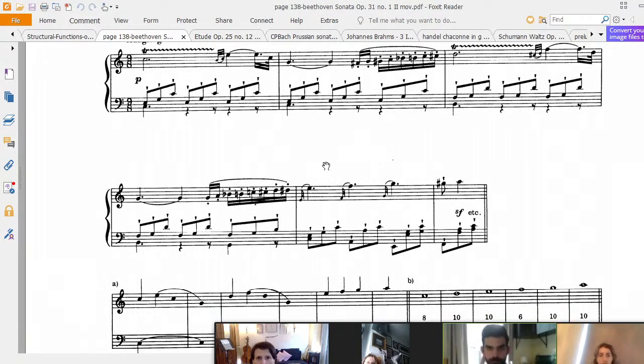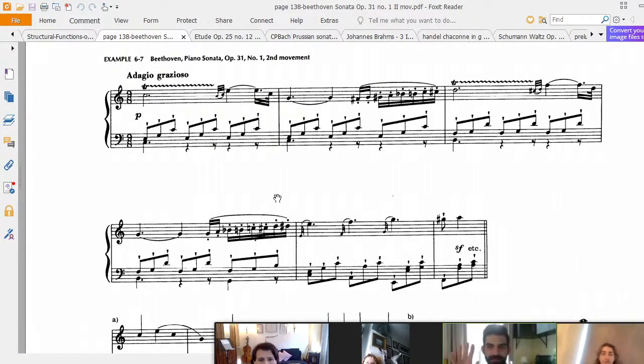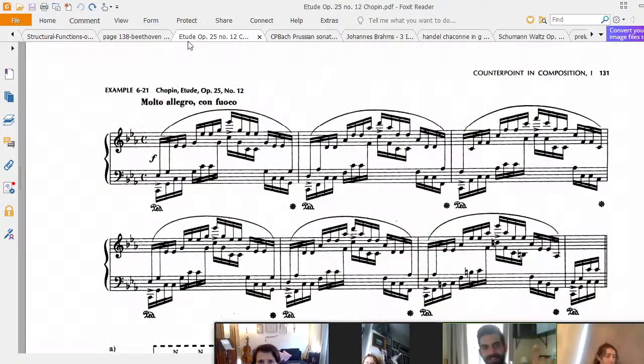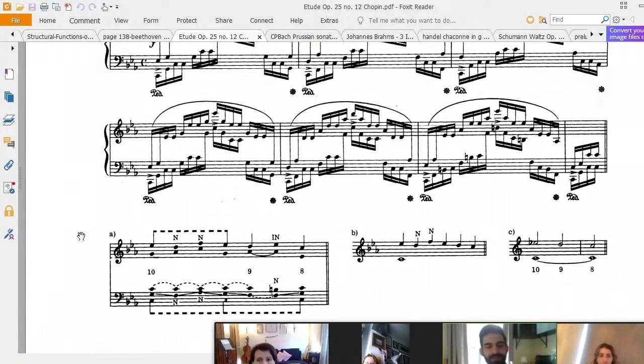Now the second example is the Beethoven Piano Sonata. Yes, Georgios, a small question. Can you go back to the structure? Yes. I assume that N means neighboring note. We're going to see this, Georgios.